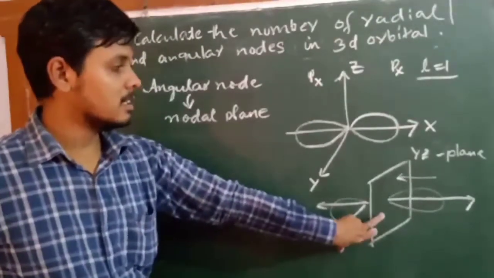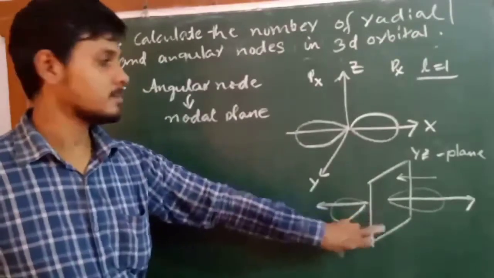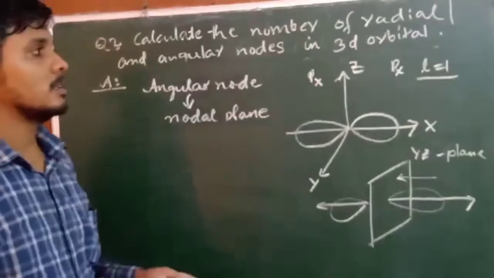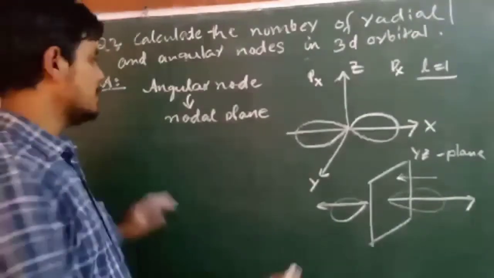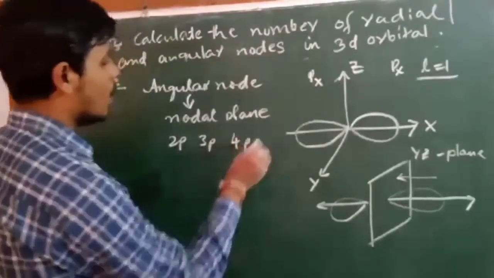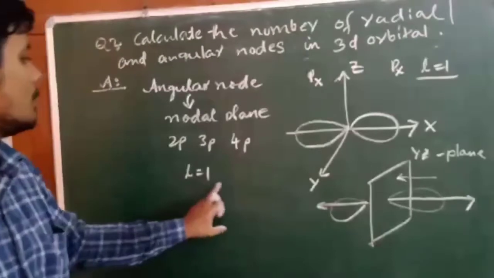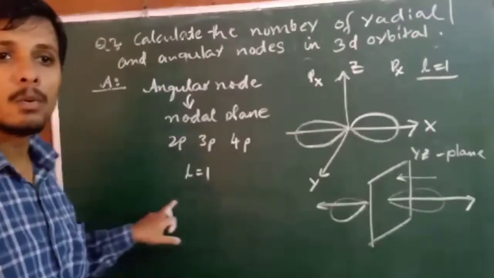That means this is an angular node or a nodal plane. So if I consider any p orbital, 2p, 3p, 4p, all p orbitals have l equals 1. That means all p orbitals have a single angular node.